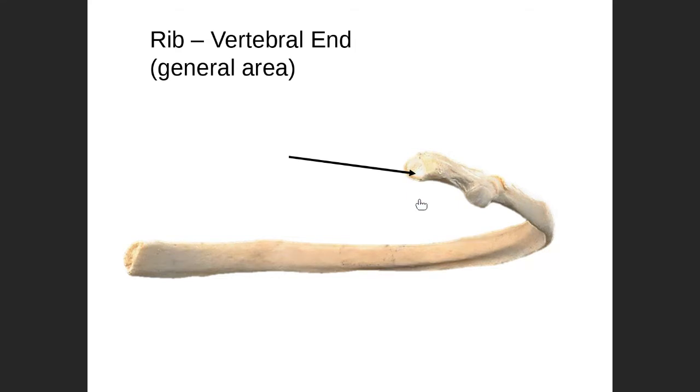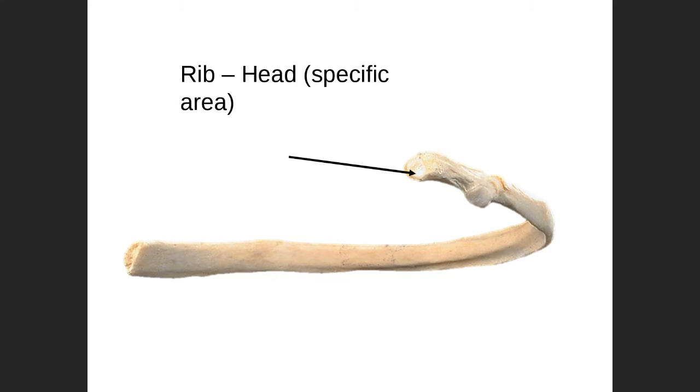Okay, so now look at this slide here. The arrow will not change as I advance the slide. It's the same exact slide, but notice the words do. So this specific structure is the head. If there's no words on the slide, say head.